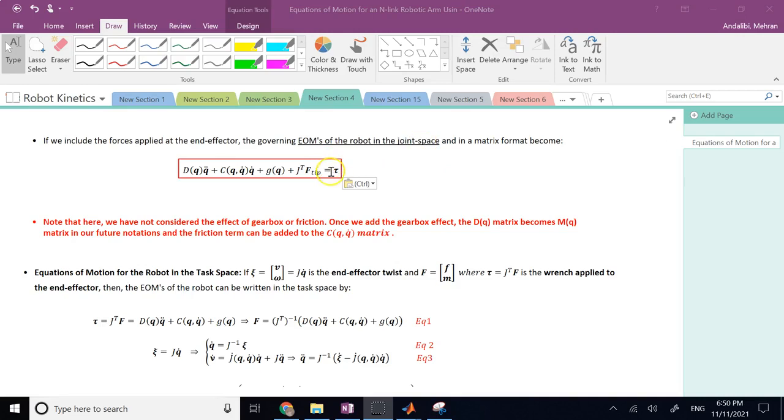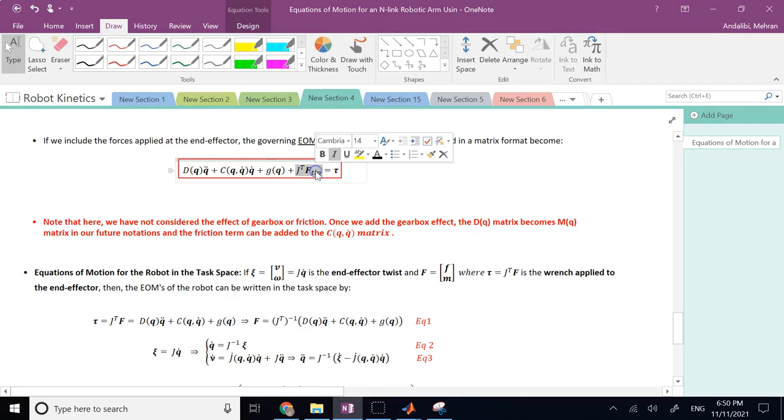Now, the first topic we discuss in this video is the equations of motion in the joint space if there is some force at the tip. We call it F of tip. If that's the case, we have to add one extra term to our equations, and that is basically J transpose F of tip. We can add it on the right side but with a negative sign.